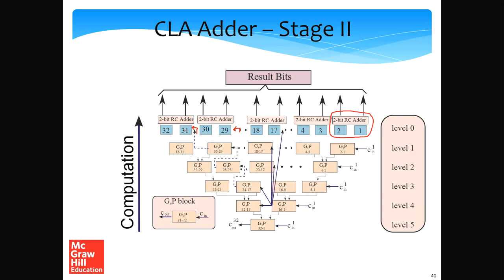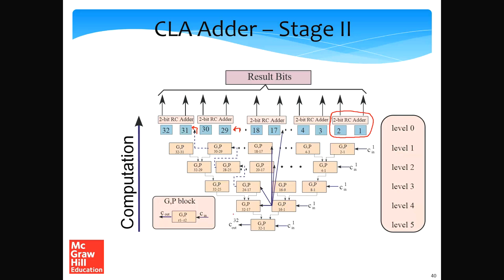So the idea is to quickly compute all the carries such that we can use the ripple carry adders here to do the addition and then compute the result bits. If you're adding two 32-bit numbers, there can be a 33-bit result. We're not showing the additional bit just to keep the diagram simple, but that needs to be kept in mind.